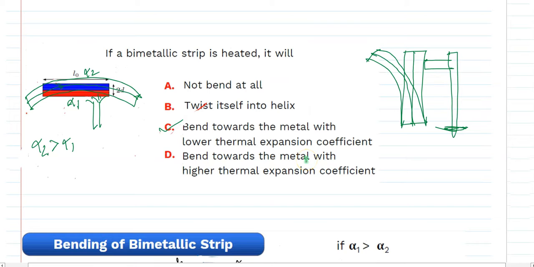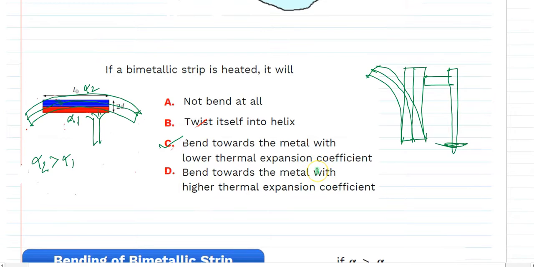Okay. Now the bimetallic strip. A bimetallic strip means a strip of two metal strips riveted parallelly. Okay, if we heat it up, the coefficient of thermal expansion is different for different strips. That's why the expansion will be different. That's why the strip will bend.